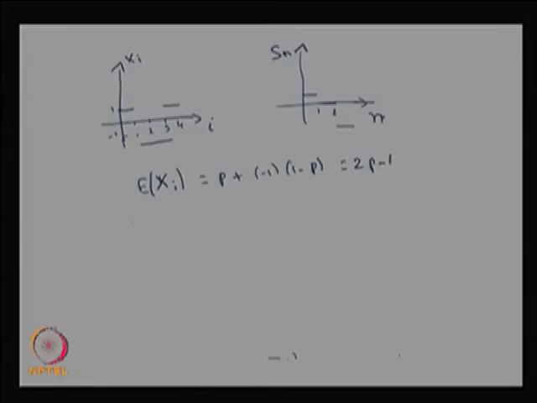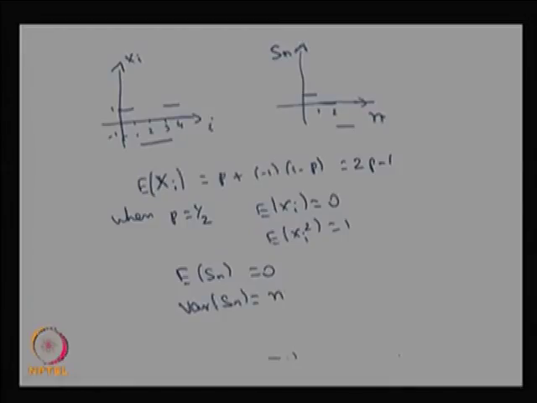So, when I discuss the symmetric random walk, when p is equal to half, the expectation of each Xi is going to be 0, and the expectation of Xi squared is going to be 1. Not only that, when p is equal to half, the expectation of Sn is going to be 0, the variance of Sn is going to be n, and the expectation of (Sn by root n) squared is going to be 1.